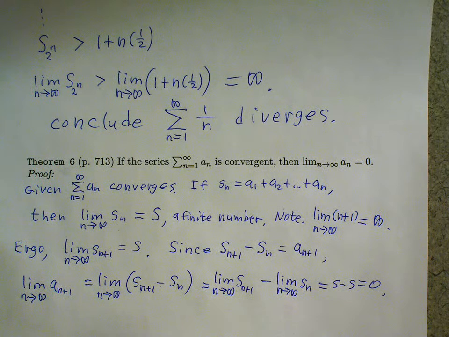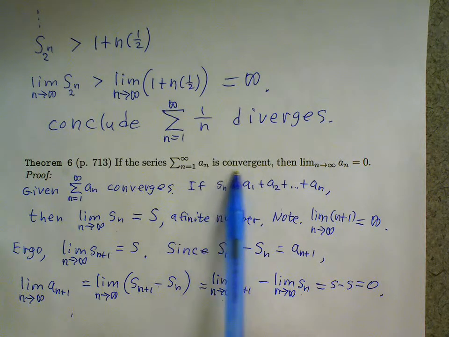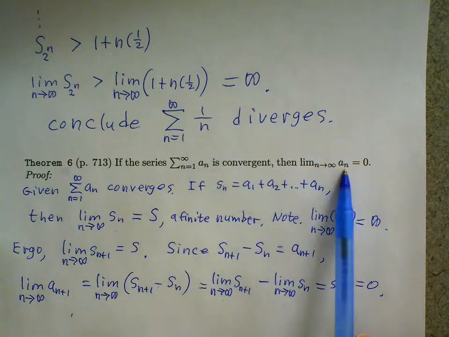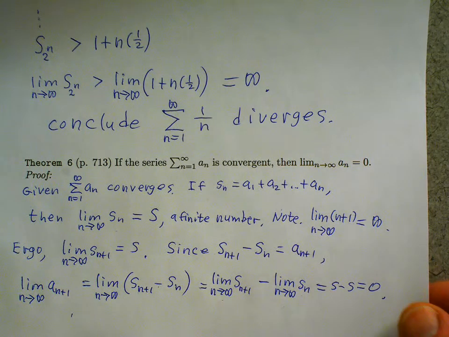So to reiterate what this theorem is about, if the infinite series is convergent, then the limit of the a sub n sequence is equal to 0. Okay, we have less than 2 minutes left.